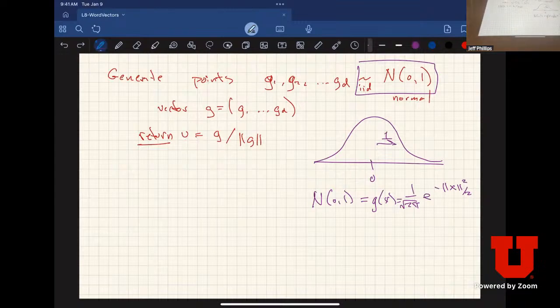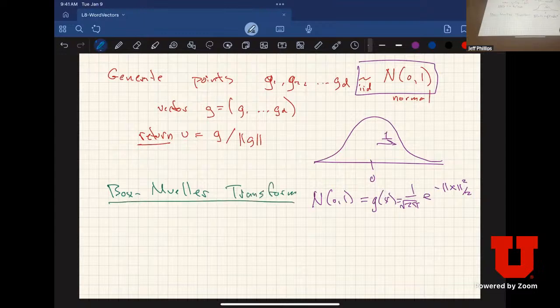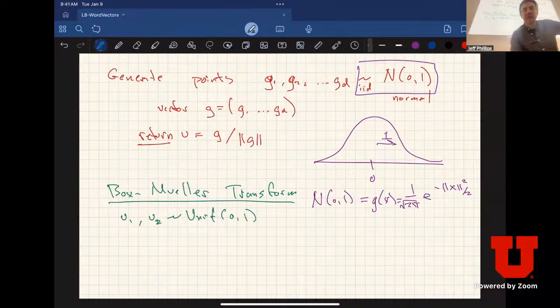Now this seems just as hard as a bunch of the other things we said, but there's this cool trick called the Box-Mueller transform, which takes two uniform random variables between 0 and 1, and transforms these into two Gaussian random variables. In this weird way, they're going to be independent Gaussian random variables.